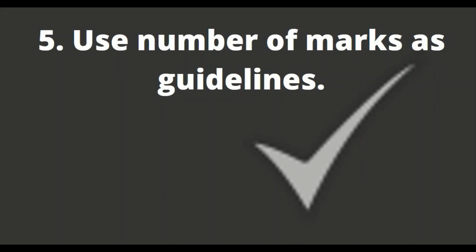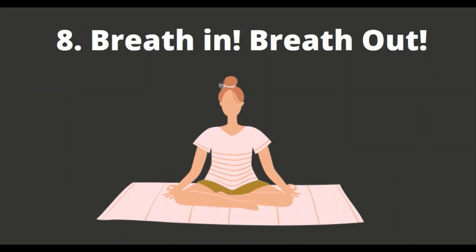So after 150 minutes, you most likely should be done with your question paper, and then it allows you 30 minutes to check and confirm that you've written everything and that your calculations are correct. 1 minute, 1 mark.